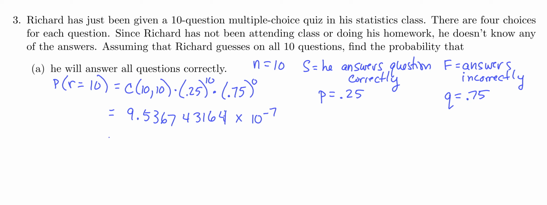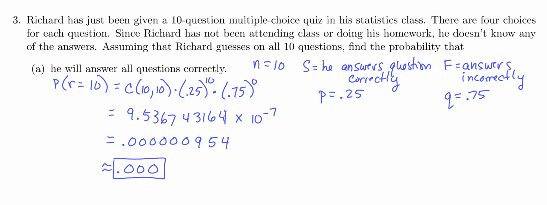This tells us to move the decimal point over 7 places, which will give us 0.000000954 approximately. So this is very close to 0. In most cases, you would be able to round this probability to be about 0, which makes sense because it's very unlikely that he would guess all 10 questions correct.